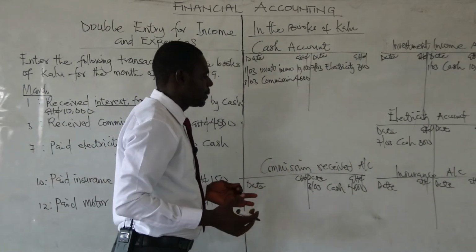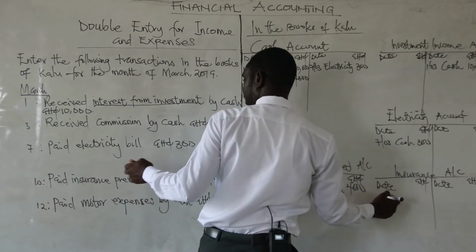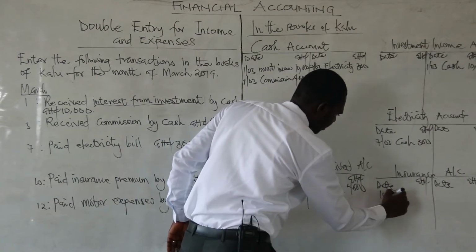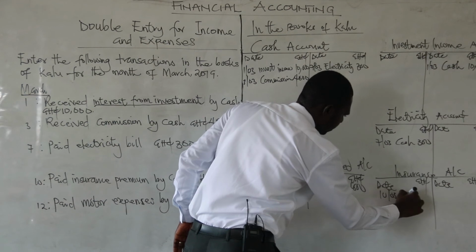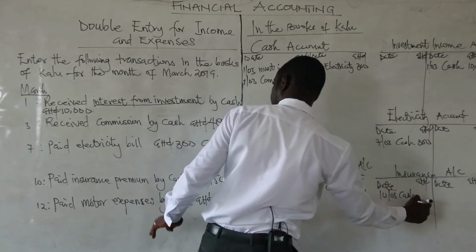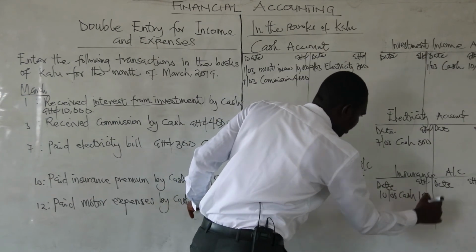As we do to all expenses, we debit it. The date is 10th, and it is cash. The amount is 150.